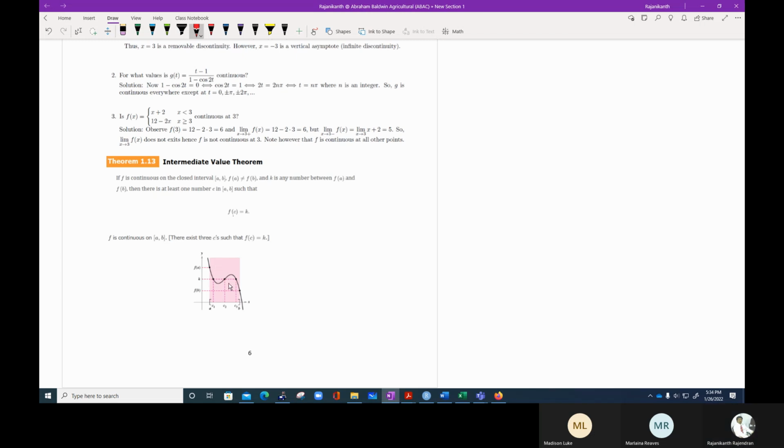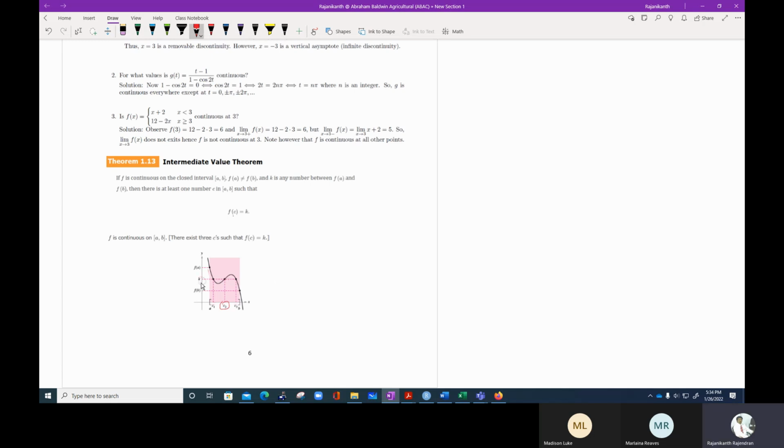This picture shows the intermediate value theorem. You see this function is continuous, and if you find two points which are not equal, definitely you will find an in-between point, between A and B, where your function is defined, and that function value is nothing but k.